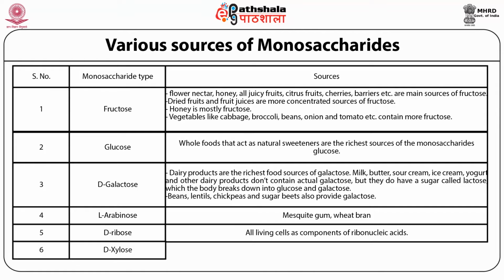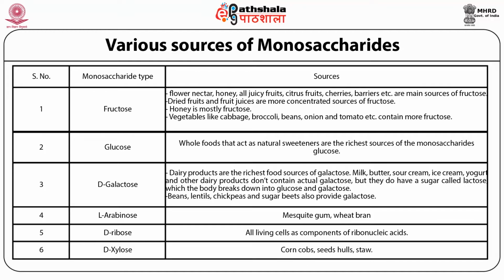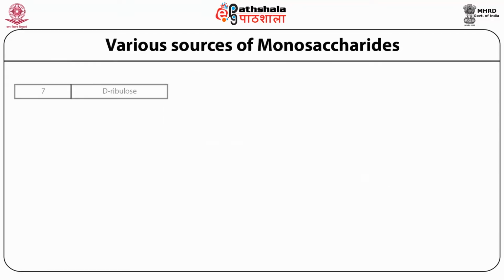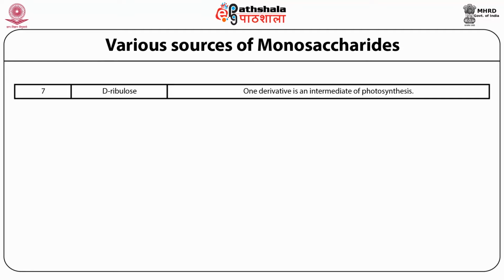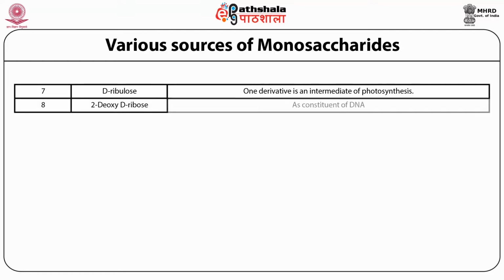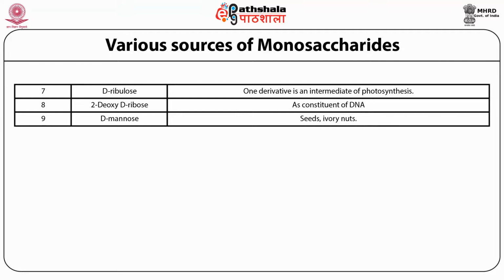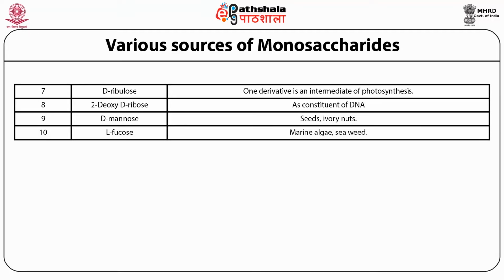And D-xylose is present in corn kernels, seed hulls, and stalk. And D-ribulose is one of the derivatives and intermediates of photosynthesis. 2-deoxy-D-ribose is a constituent of DNA. D-mannose is present in seeds, ivory nuts, etc., whereas L-fucose is present in marine algae and seaweeds.